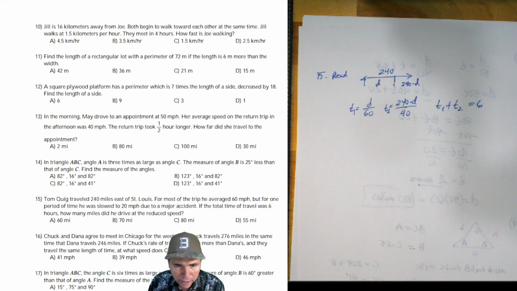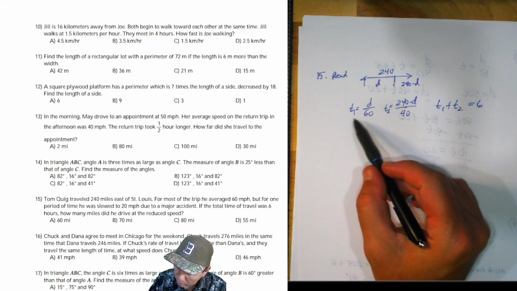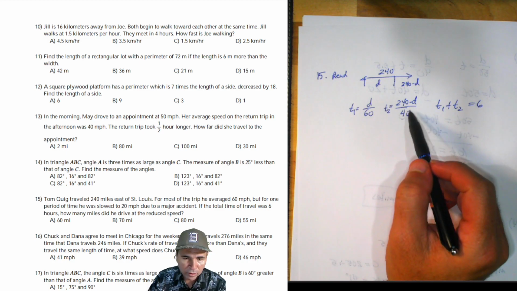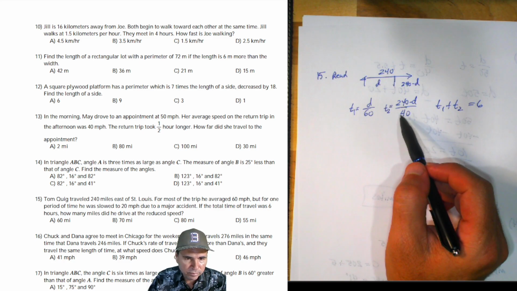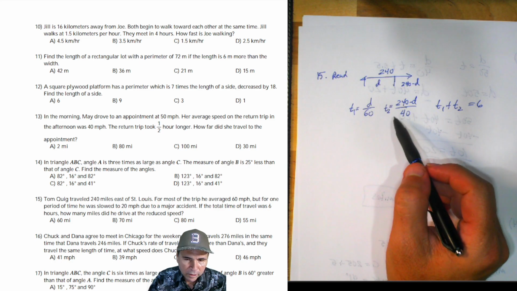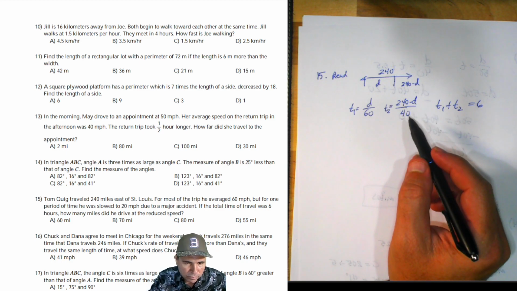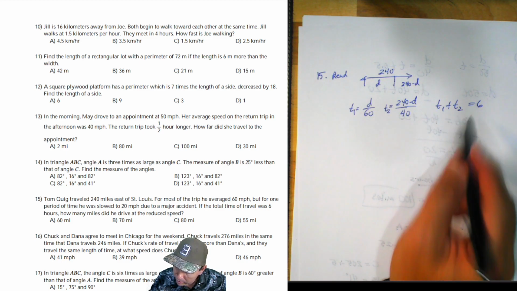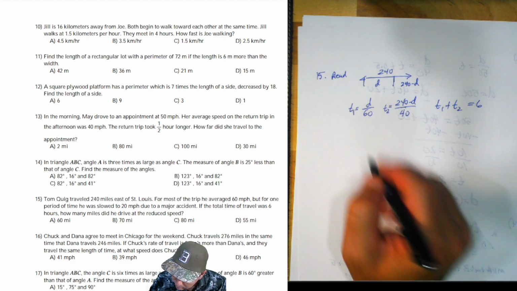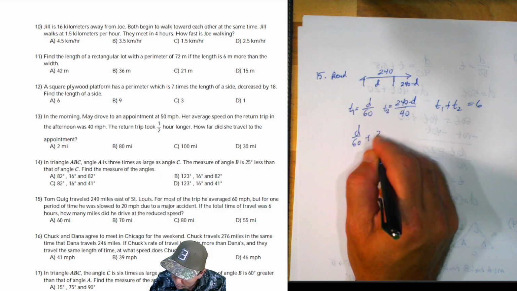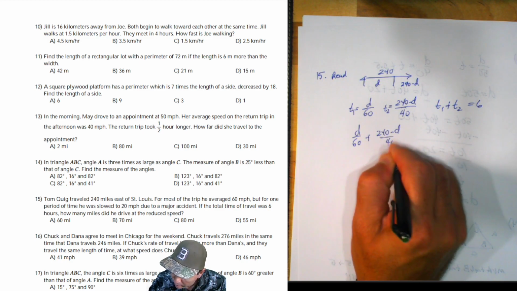So what you have to do now is do two equations, but we have three unknowns. The total time is 6 hours. So we know that d over 60 plus 240 minus d over 40 is equal to 6.